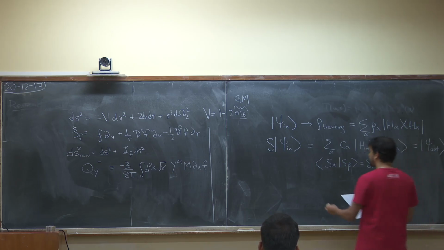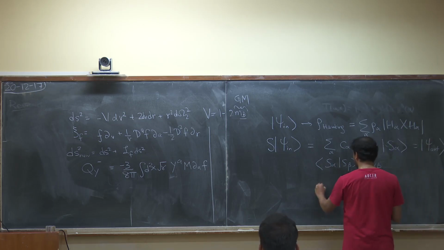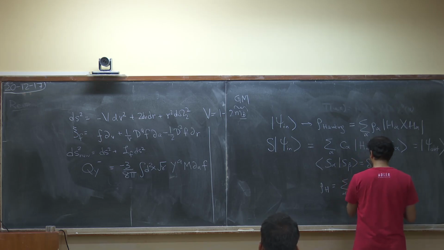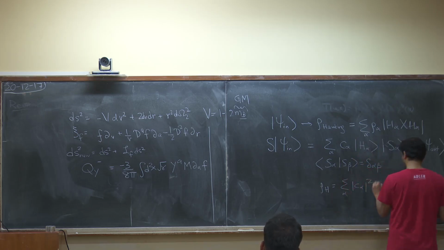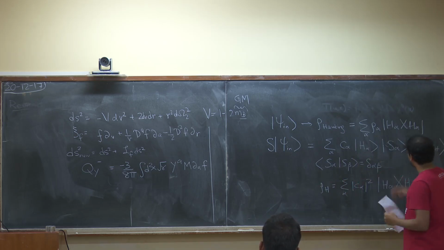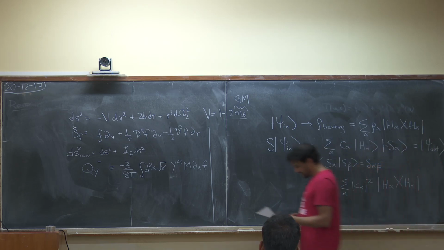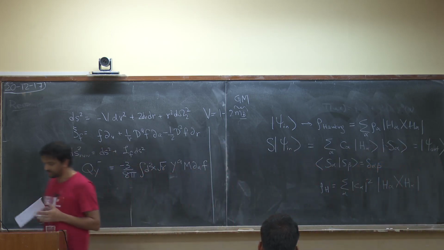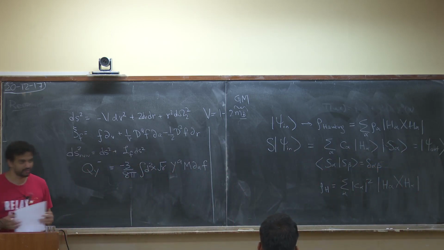So if I make this assumption, then you can basically show that the final density matrix you get is just the sum over alpha of C alpha squared times the projector onto the hard state alpha. Clearly I can recover Hawking's thermal density matrix by setting C alpha to be just the square root of rho alpha times a phase.